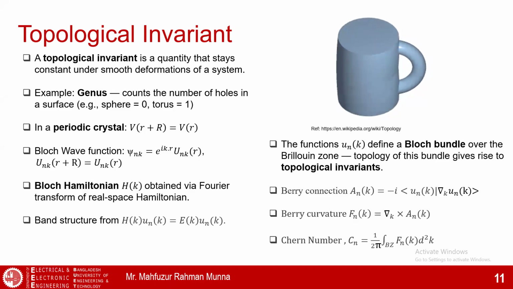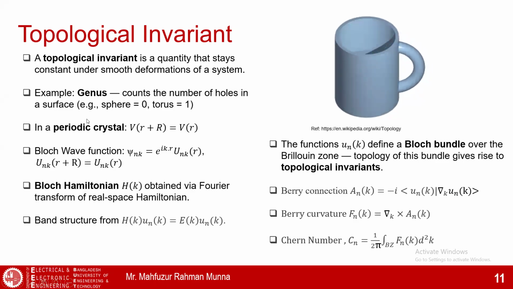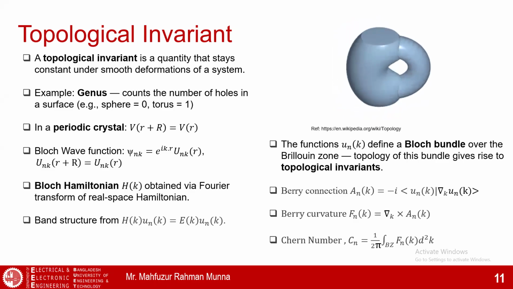Now how can we define the topological invariant of a crystal? The answer lies in the band structure of the solid. We know that due to periodicity of the lattice, the wave function of a crystal follows the Bloch wave function.